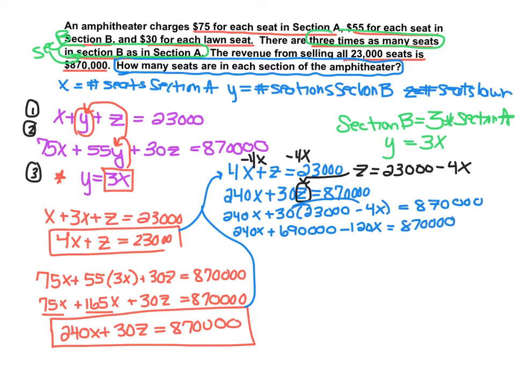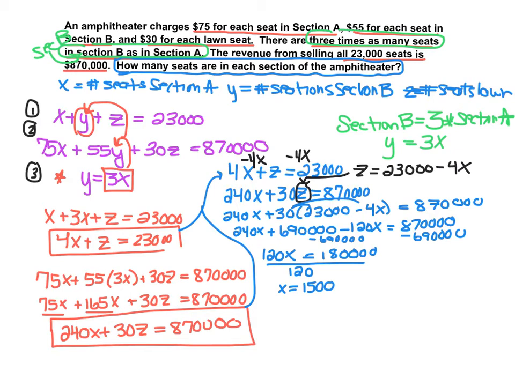Then from here I can combine those x's together, so I get 120x, and then I can also subtract the 690,000 from each side. And from there I get 120x is equal to 180,000. And then I end here by dividing by 120, and I find that x is equal to 1,500.